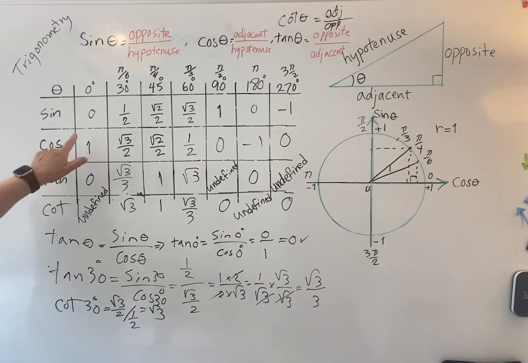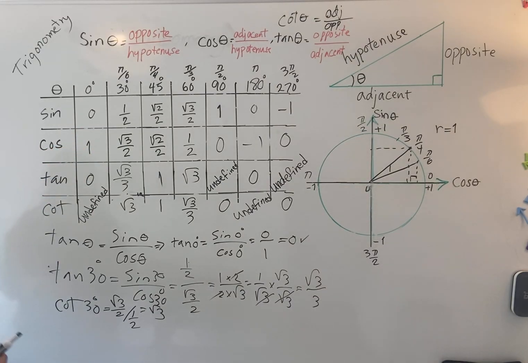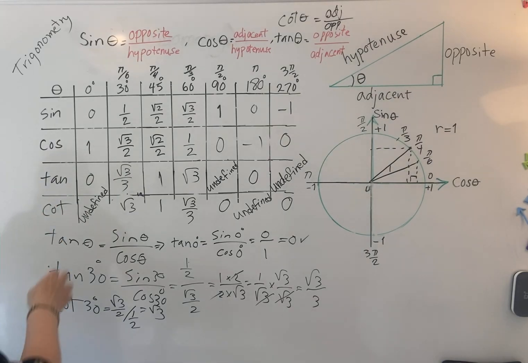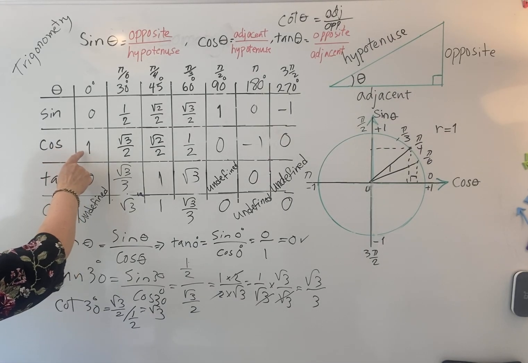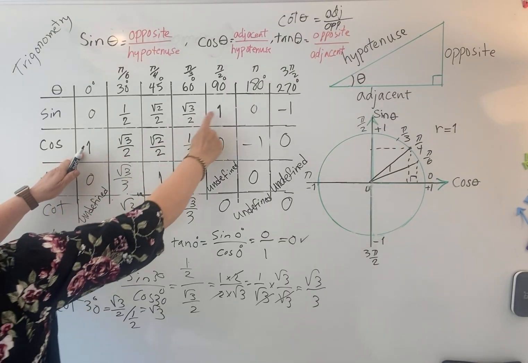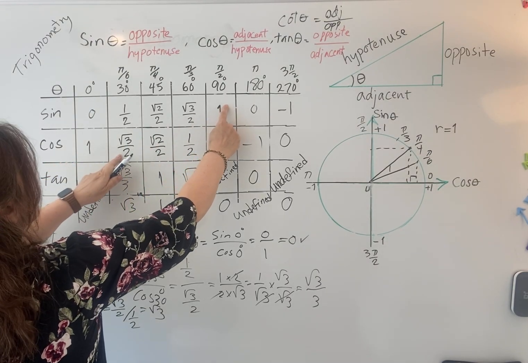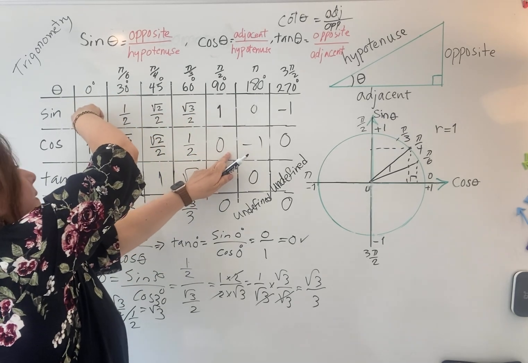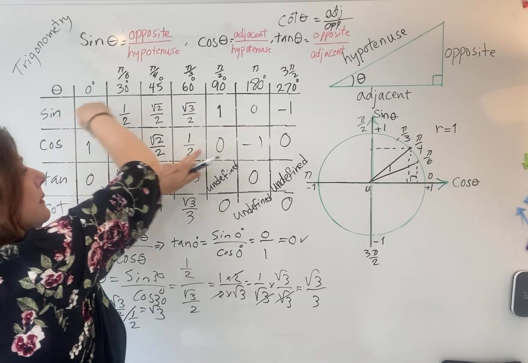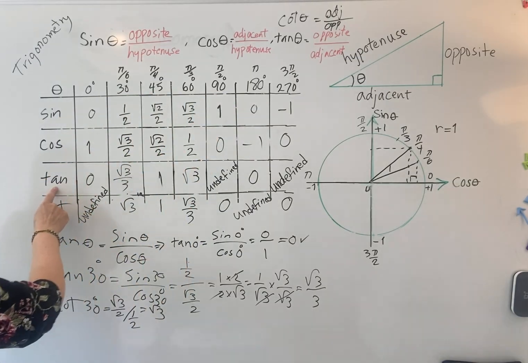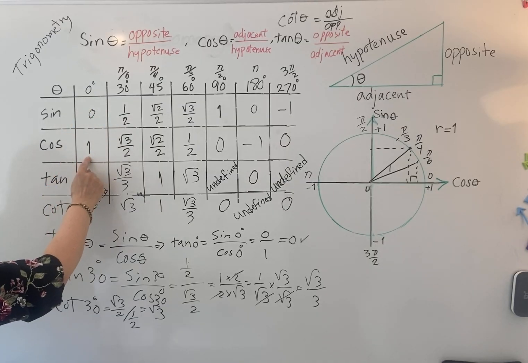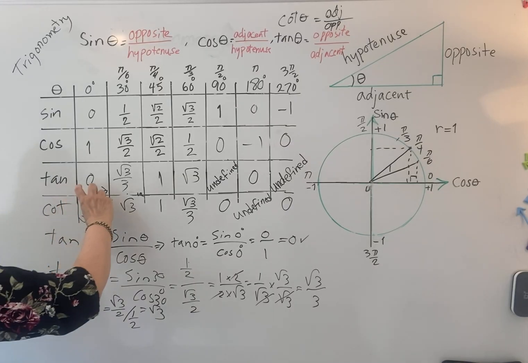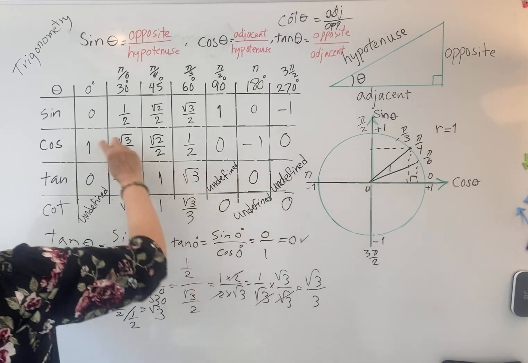The rest of this is possible because you know that the cosine of 0 is the sine of 90. And for tangent, you can divide sine over cosine. And for cotangent, you can say the reciprocal of this one, or you can say cosine over sine.